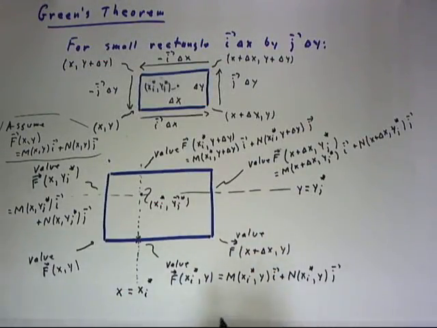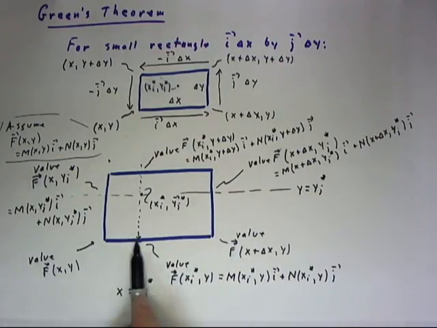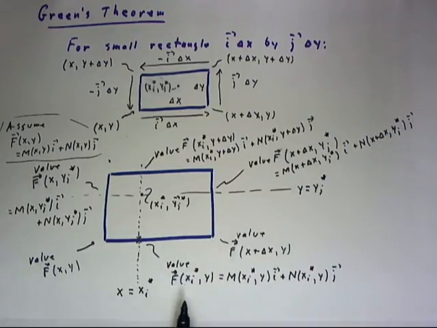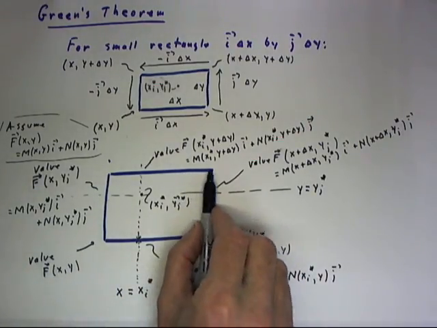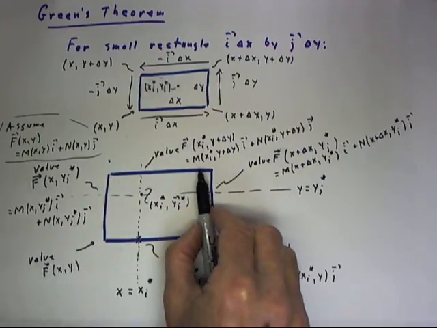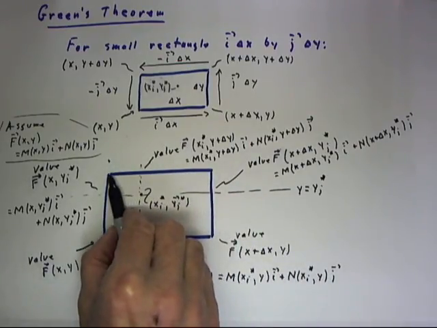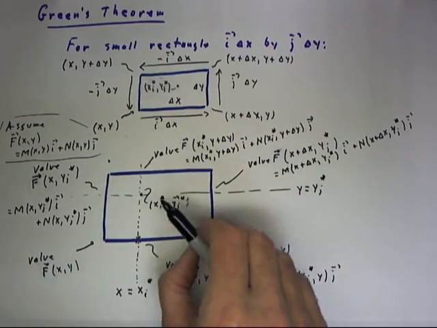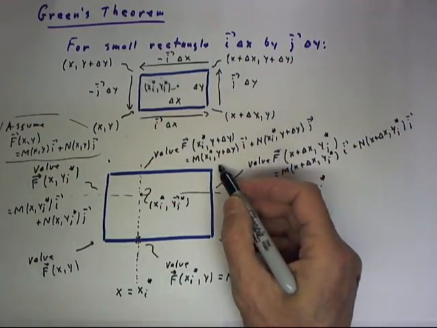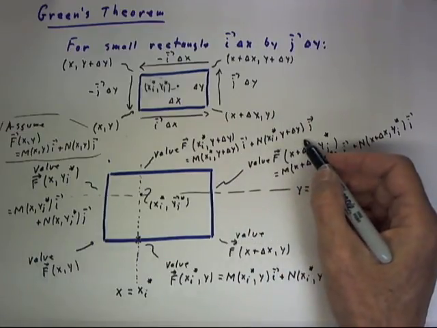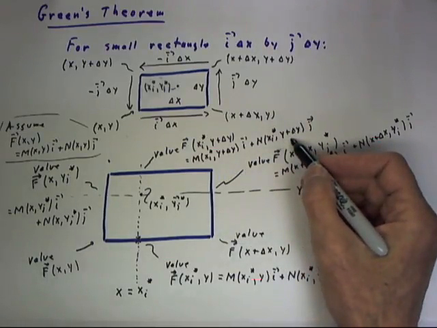Recall that the sample value of our function on this part of the curve, which we're now calling C1, was just f at xi star y, and m and n evaluated at that point. Along the upper part of the curve, which would correspond to our C3 portion of the boundary, the value was f at xi star y plus delta y, with m and n evaluated at that point.